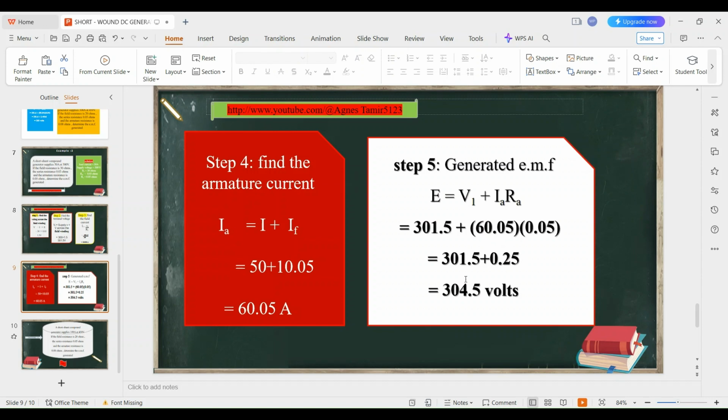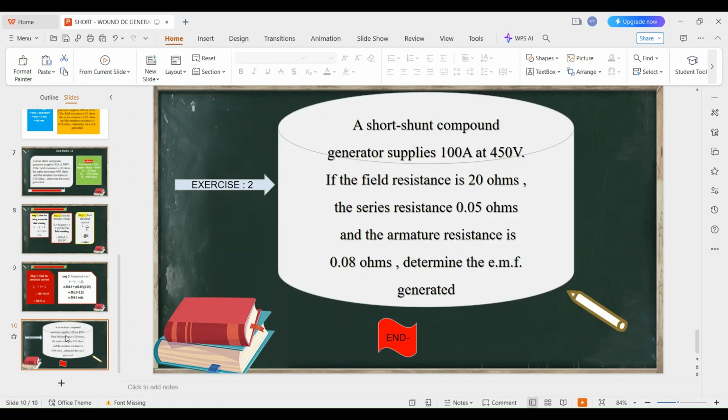When you sum up these two voltages, we shall get 300.45 volts. I believe it's clear, but if not clear, you can pause the video and try to perform it. If there is any problem, let me know in the comment section and I will address it immediately.